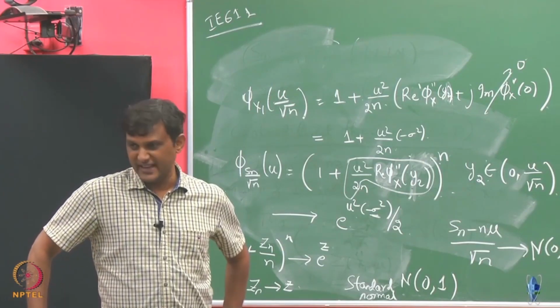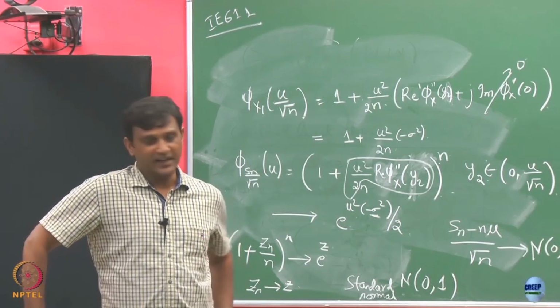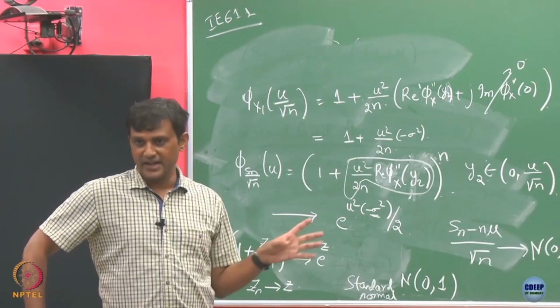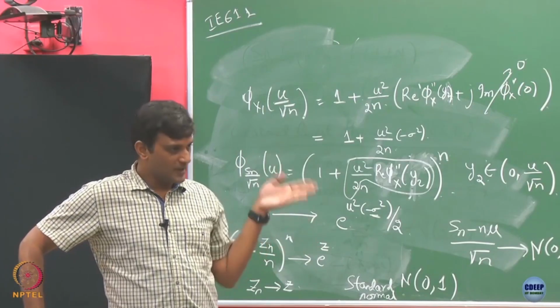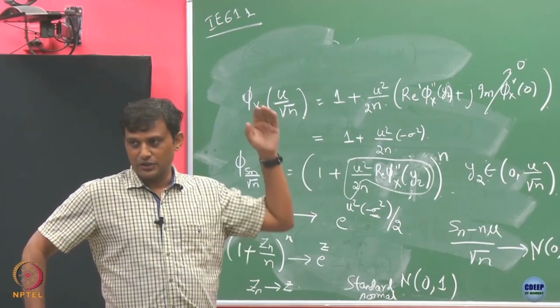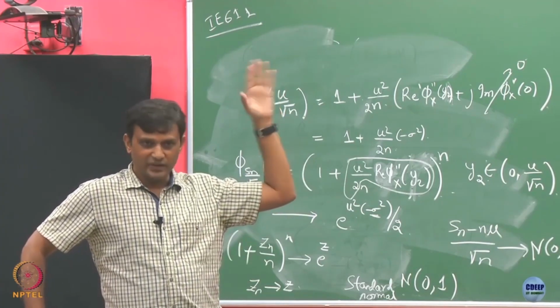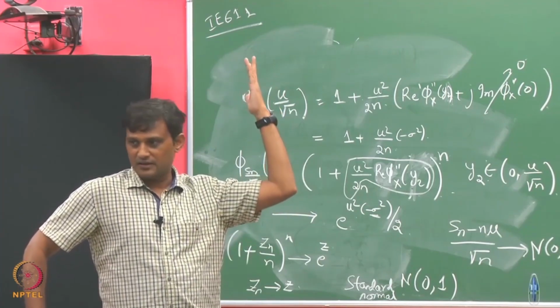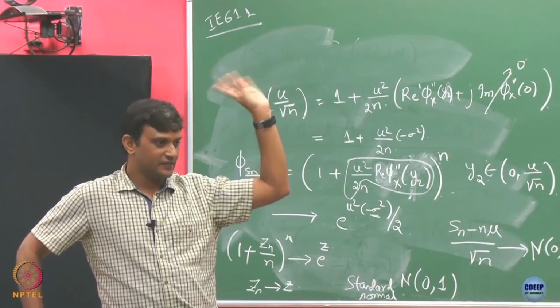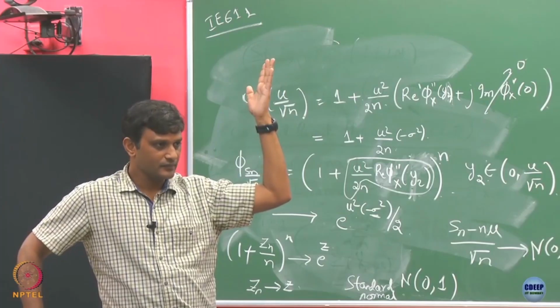So in a way it says that if you have aggregated large samples, and if you center them and normalize by square root n, that aggregation you can treat it to be like Gaussian distributed if your n is sufficiently large, right?